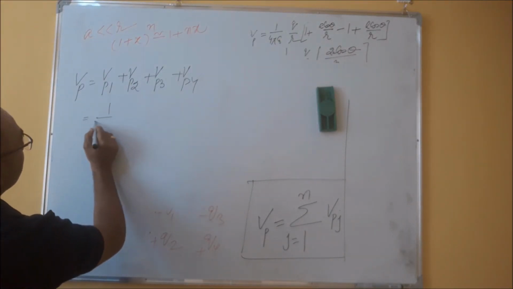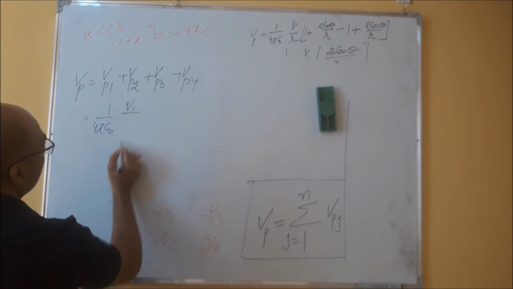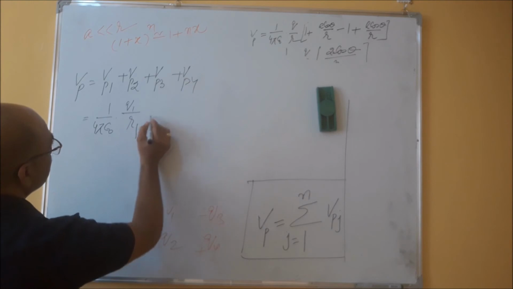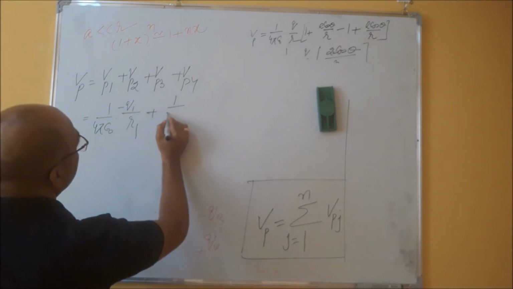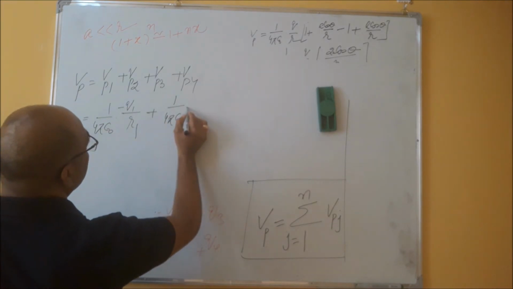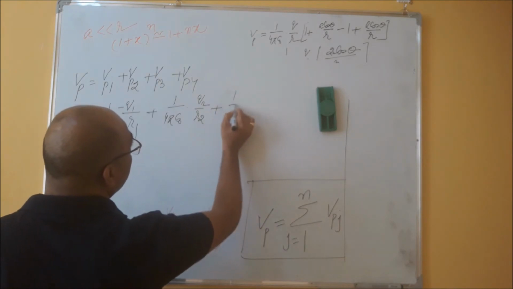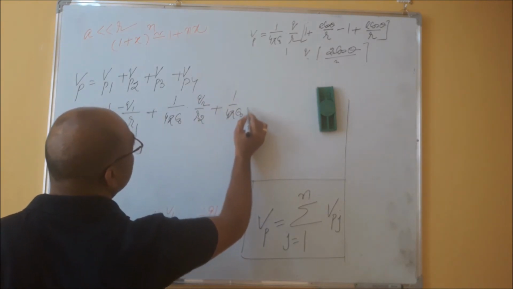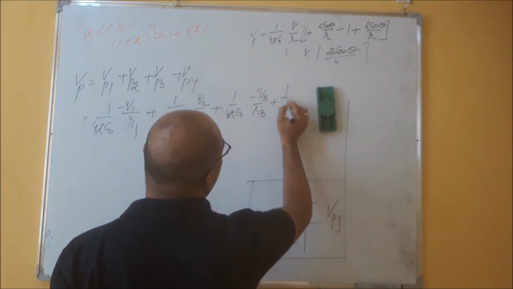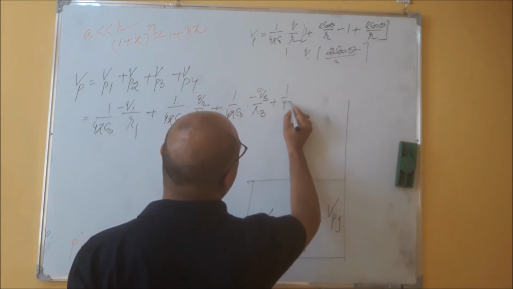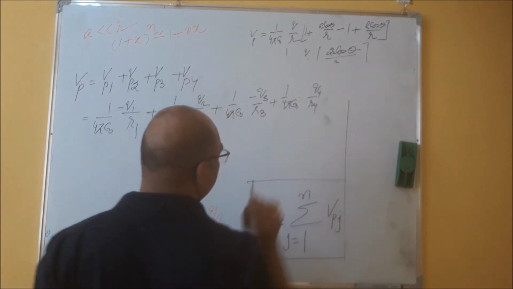So we write 1 upon 4 pi epsilon naught Q1 upon R1, and this is negative, so I will take the negative side, plus 1 upon 4 pi epsilon naught Q2 upon R2, plus 1 upon 4 pi epsilon naught minus Q3 upon R3, plus 1 upon 4 pi epsilon naught Q4 upon R4.